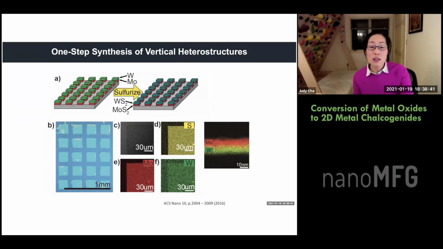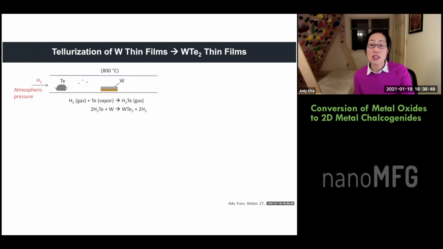So you can convert metal films into metal dichalcogenides, and we can extend it to tellurize as well. So here's a tungsten film we're heating. Here's a tellurium powder that we use, and then we're flowing hydrogen gas. And we do this at atmospheric pressure.